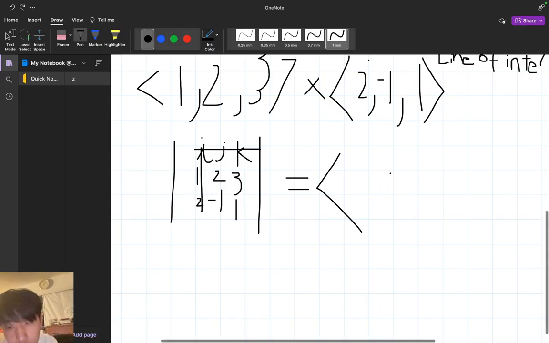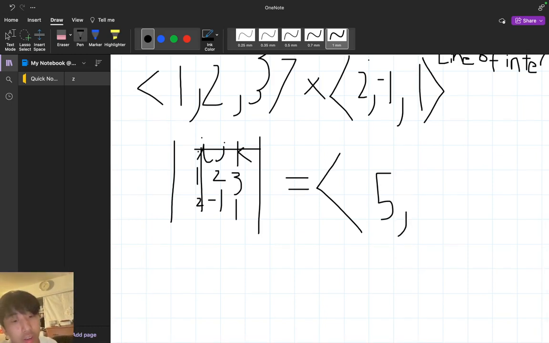And then next is J. So we do that left to right. 1 times 2 is 6. But remember, it's negative, so it's 1 minus 6 times negative. So the result obviously will be negative 5 times negative 1, which would be 5.